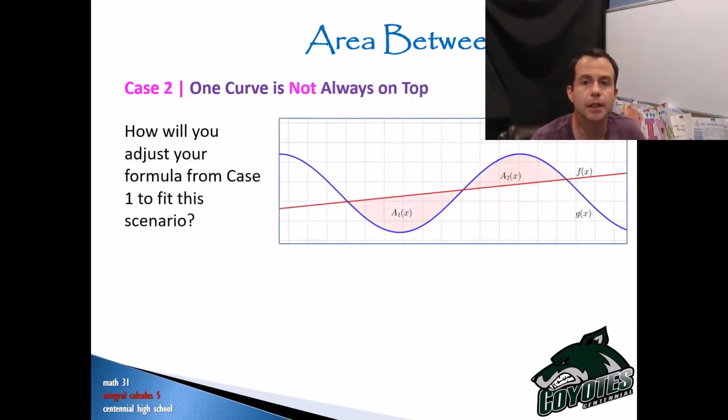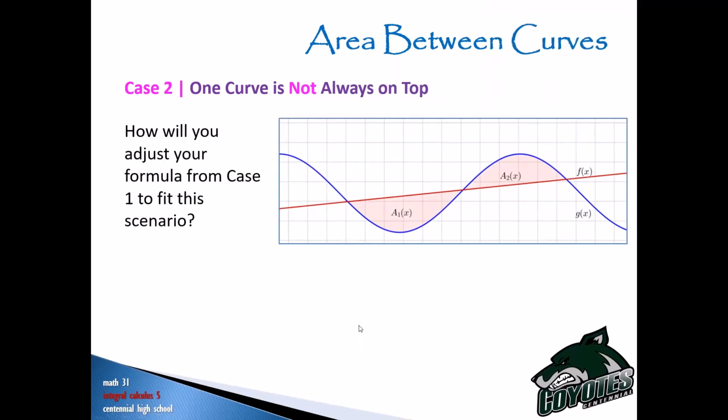All right, then we can take a look at case 2, where one curve is not always on top. How would we adjust our formula? Now, again, I'm just going to take my big old head out of the way here for a second. And I don't think this is a huge leap for you. We're just going to have to count this as two different sets that we add together, right?